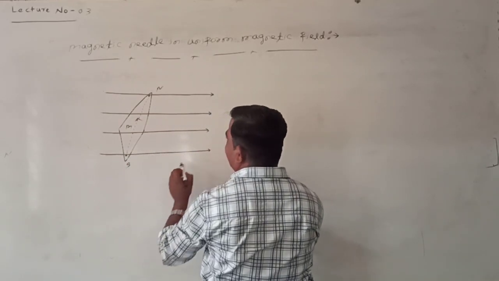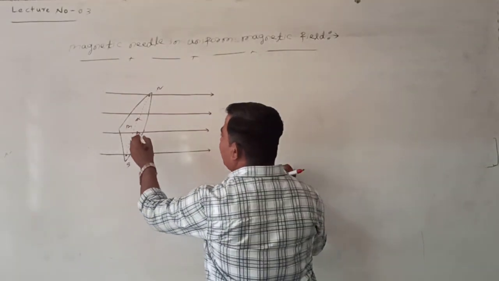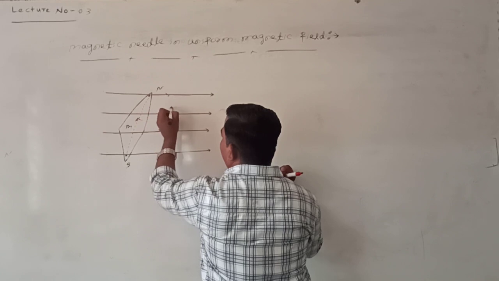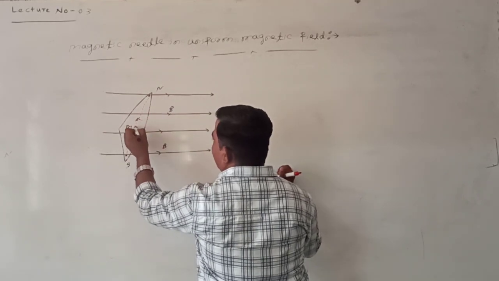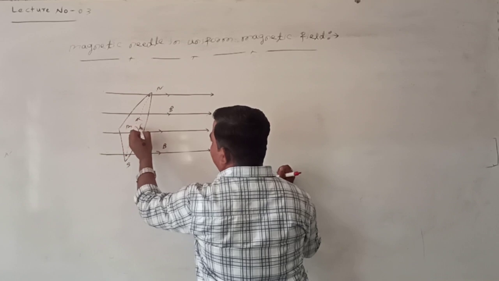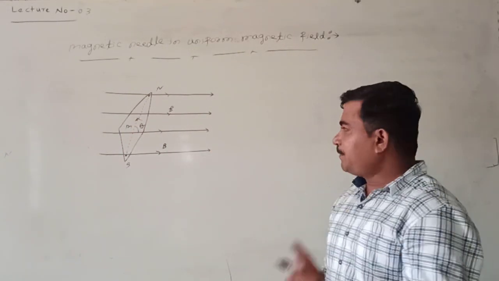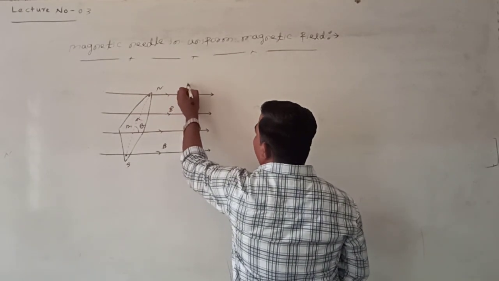Now I can mark the angle between the dipole moment and the magnetic field, which is the direction of the magnetic field. The angle between the dipole moment and the magnetic field is represented by theta, right or wrong?